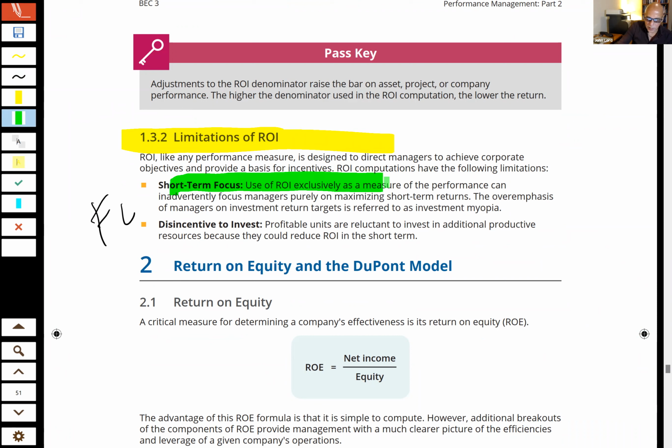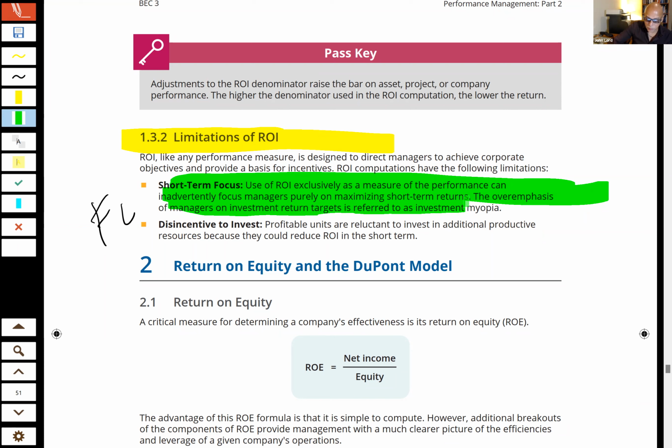Use of ROI exclusively as a measure of performance can inadvertently focus management purely on maximizing short-term return, and overemphasis on investment return targets is referred to as investment myopia. So you can flashcard some of those terms.